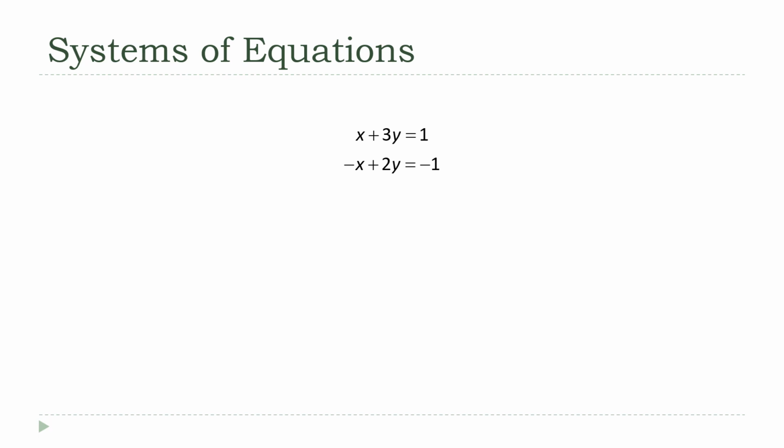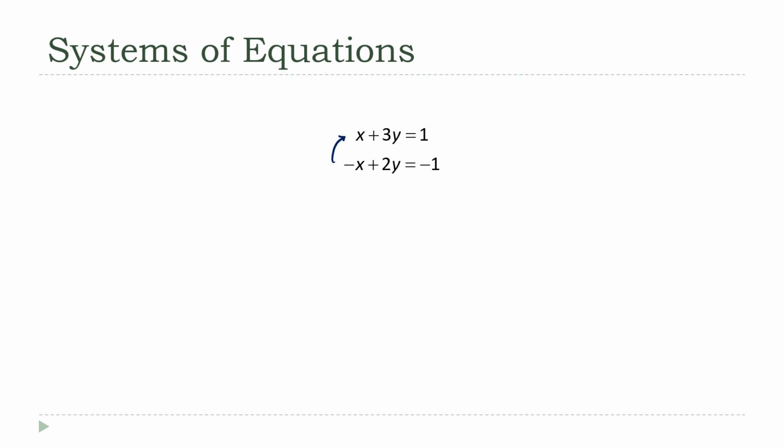Okay, remember one of our basic algebra principles is that I can add anything I want to an equation as long as I do it to both sides. And now remember the substitution principle says that if two things are equal, I can use them interchangeably. So here's what I'm going to do. I'm going to add negative x plus 2y to the left side of the first equation.